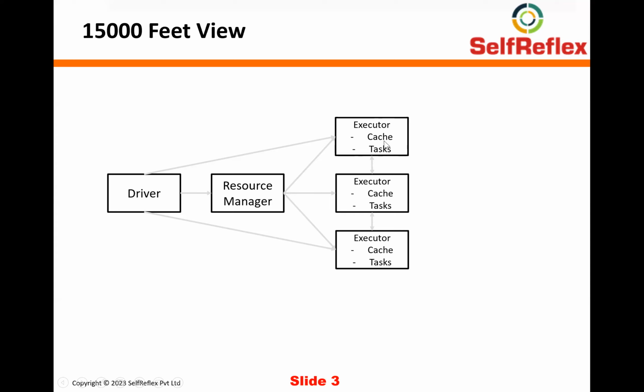And then there is some cache that can be used to provide some kind of information or data to all the executors, which can be used by the tasks. So this is a very high level view. We'll obviously dig deeper into what exactly the architecture of Spark is in the next sessions. But at this moment, just for the sake of introduction, this should make sense.